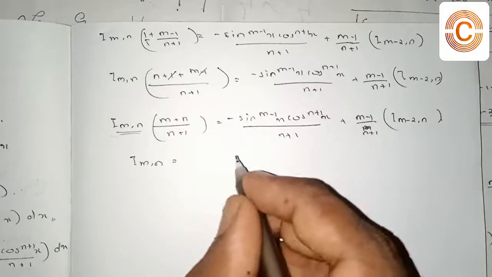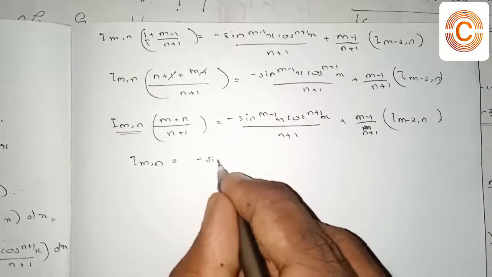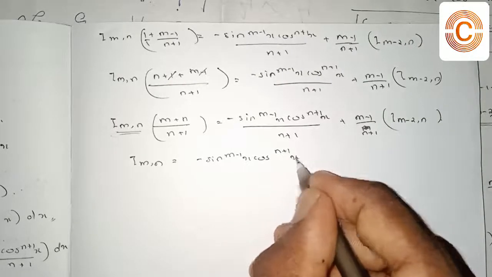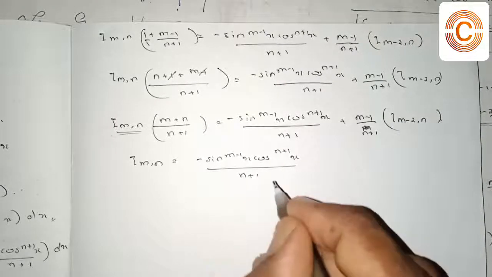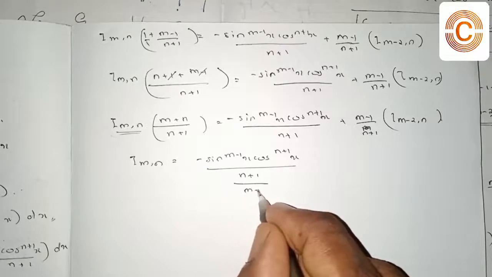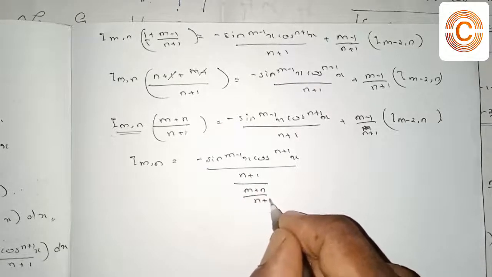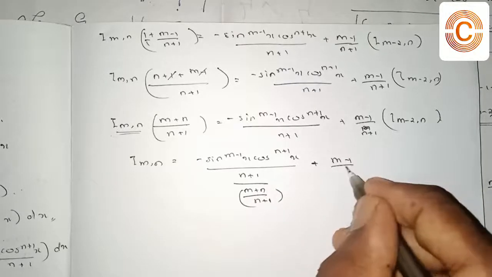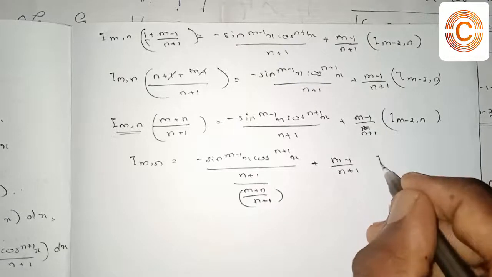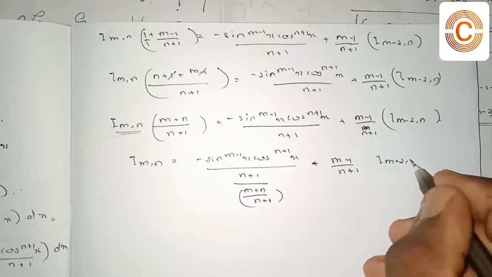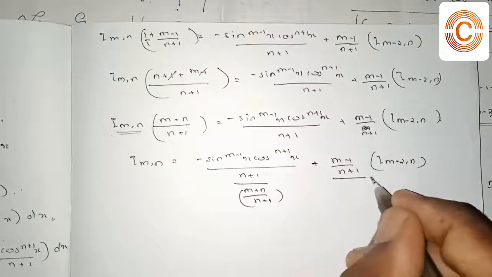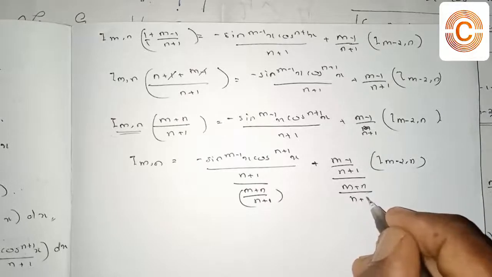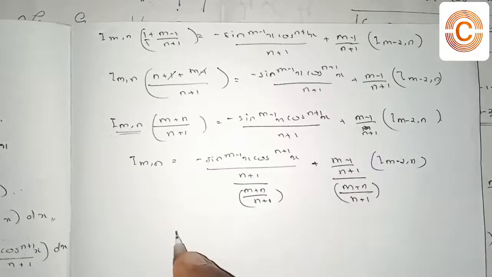Then we get minus sin^(m minus 1) x into cos^(n plus 1) x whole divided by (n plus 1), whole divided by (m plus n) divided by (n plus 1), plus (m minus 1) divided by (n plus 1) into I (m minus 2),n. Then divide this term by (m plus n) divided by (n plus 1).